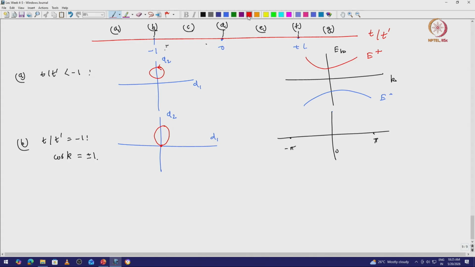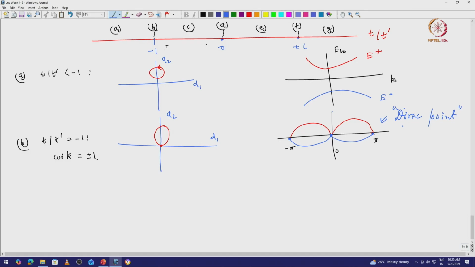So, these degenerate points are kind of your Dirac points. Okay, we will come back to this degeneracy.